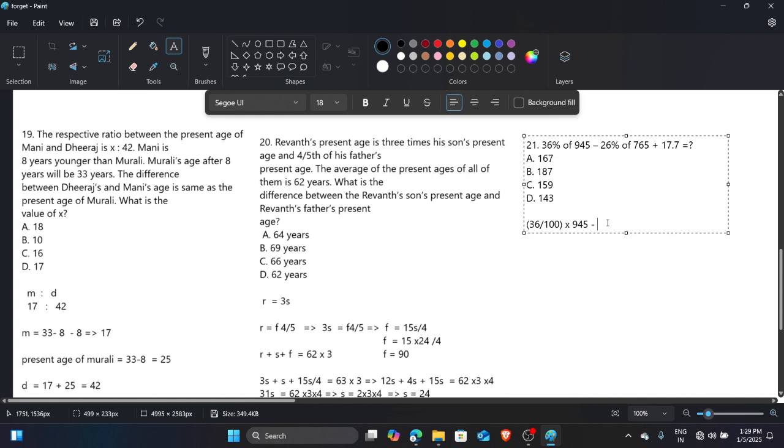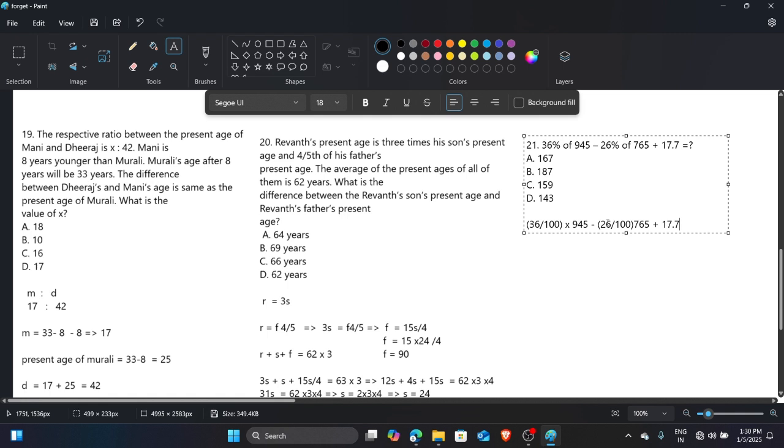Okay, first we have to make it. And then the 6 divided by again 100, no problem. And of again here, so again I make the bracket here, which is of 765, and plus 17.7, and they are asking for the answer.